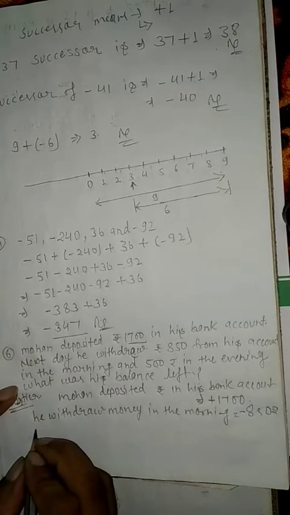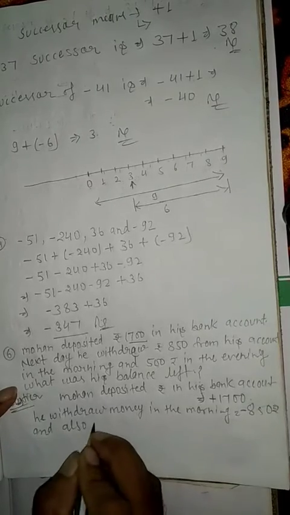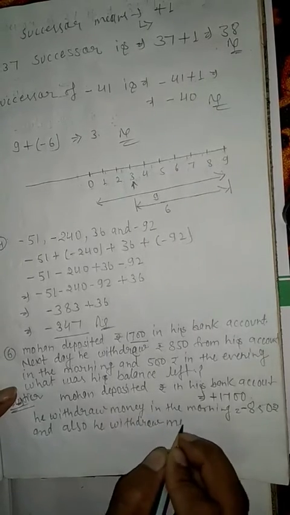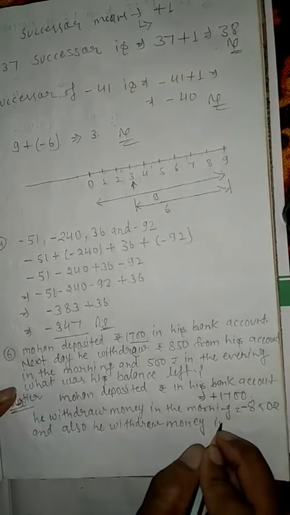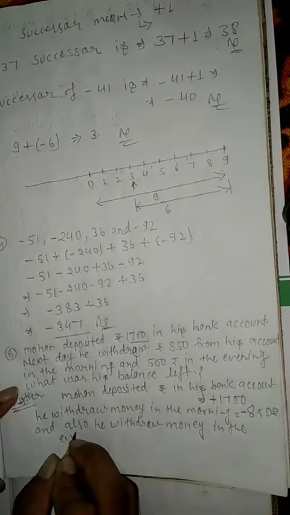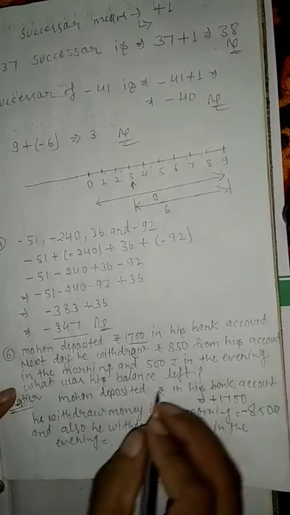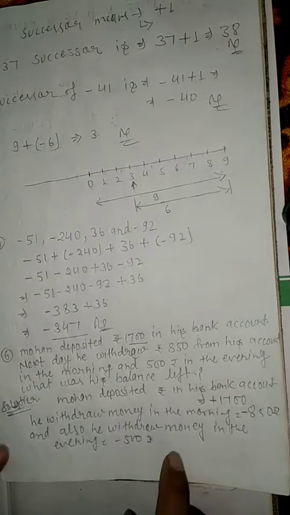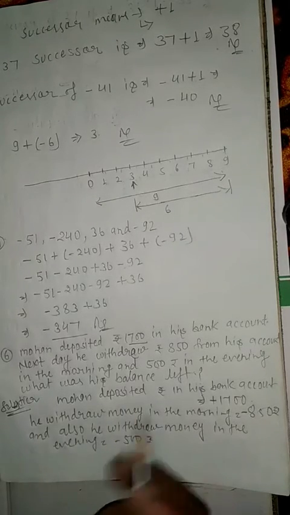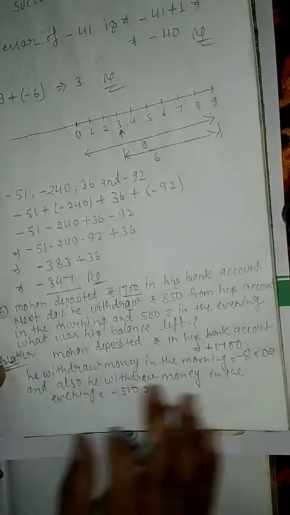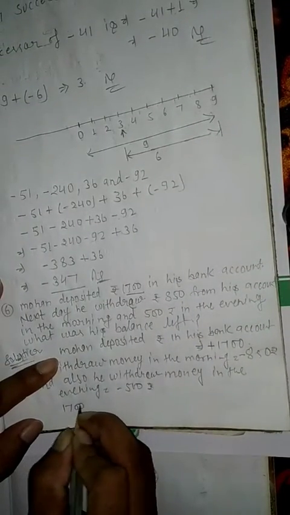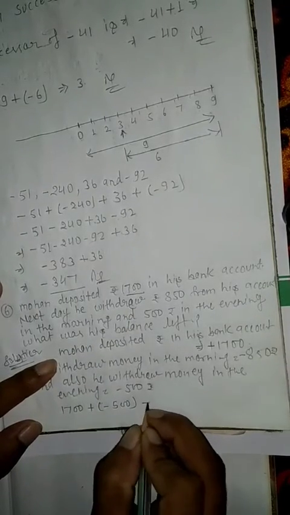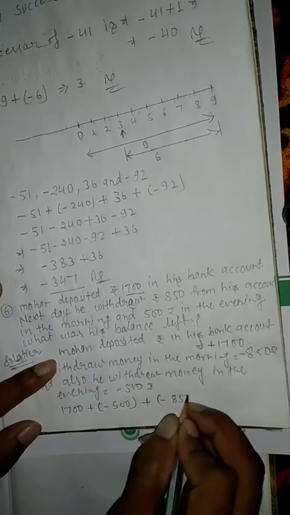And also he withdraws money in the evening, 500 rupees. This is also a negative value. Then we have to find the balance in his bank account. Simple, add all these values: 1700 plus minus 500 and plus minus 850.